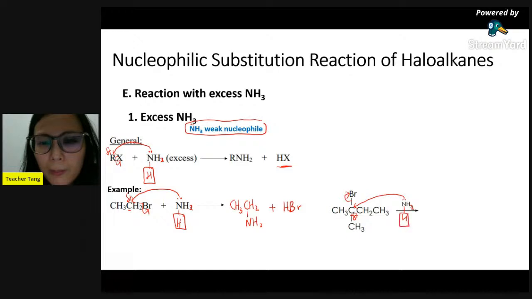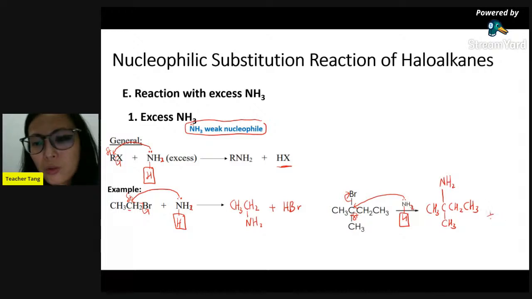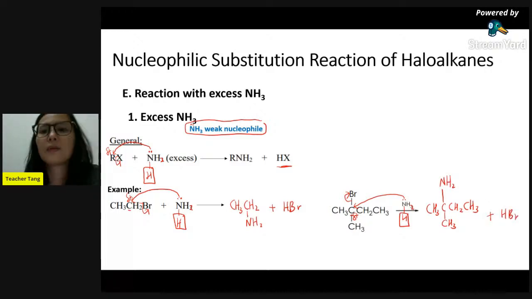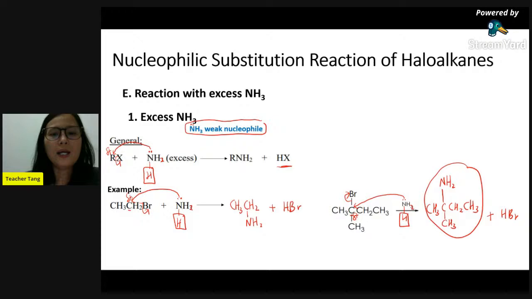Br leaves and takes the hydrogen. So what do you get? You get your amine. And the byproduct, HBr. Okay, so the important thing is you'll be able to draw the product.